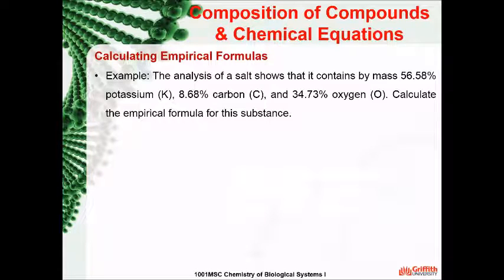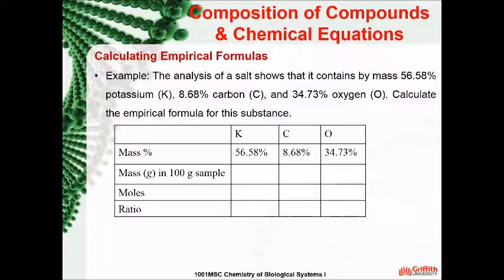Let's practice some examples. The analysis of a salt shows that it contains, by mass, 56.58% potassium, 8.68% carbon, and 34.73% oxygen. Calculate the empirical formula for this substance.